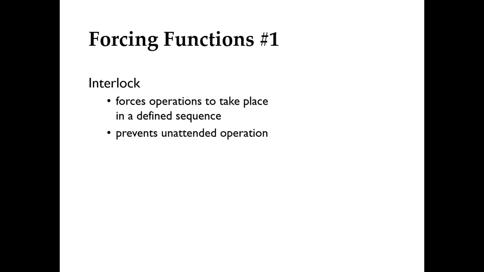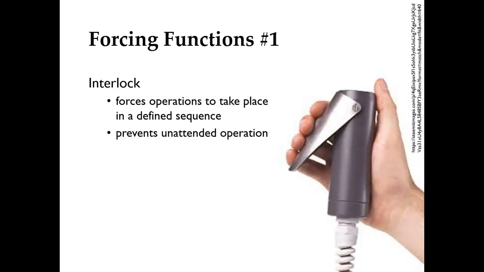An interlock is also going to prevent unattended operations, so machines can't run on their own, which could be dangerous sometimes. The classic example is the quote-unquote dead man's switch. The idea here is that the user has to apply pressure or click the button every couple of seconds, something of the sort, so that the system, the machine, knows the user is there and will keep running.